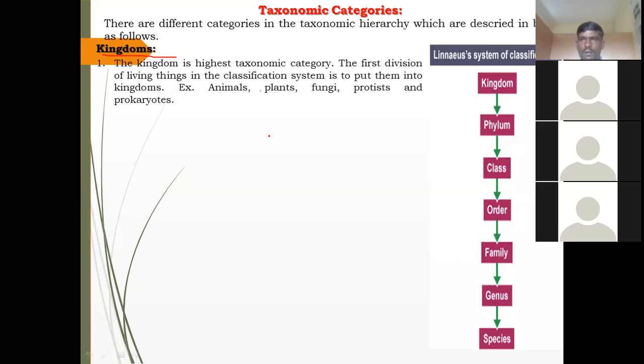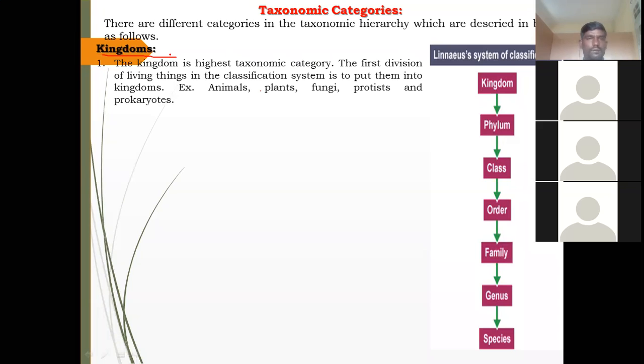So at that time Linnaeus, the scientist, found out some categories, made up some categories. Using these categories or terms, they tried to separate out this whole n number of organisms. So firstly they made a kingdom.